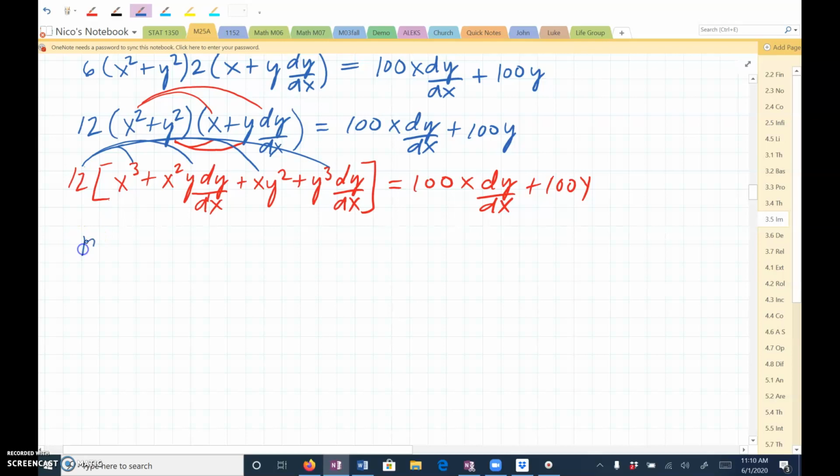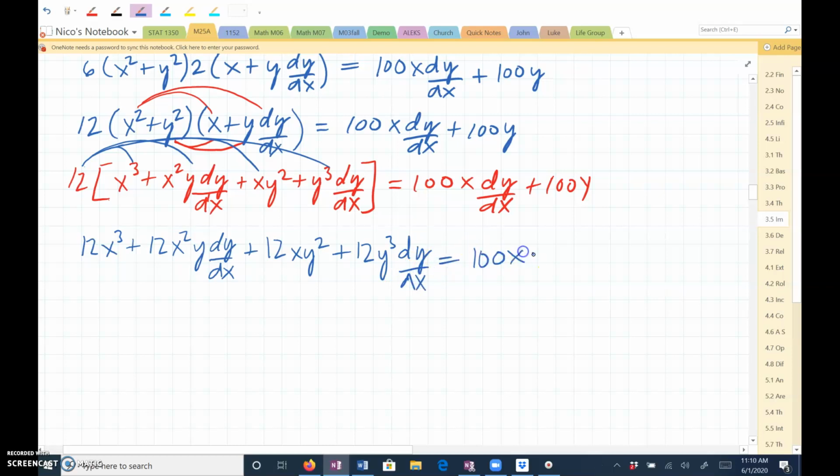So this would be 12x cubed plus 12x squared y dy/dx plus 12xy squared plus 12y cubed dy/dx equals still this 100x dy/dx plus 100y.